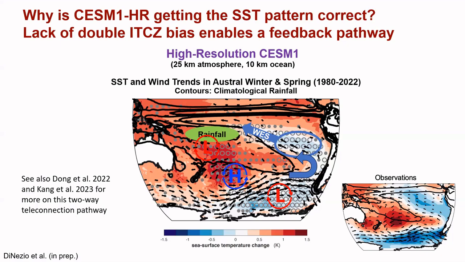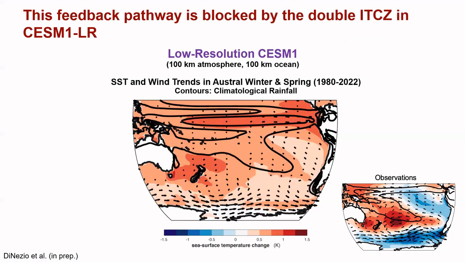So what does the ITCZ have to do with this? I showed it's not there in this model, but then this is showing what the low-resolution CSM looks like. And you can see this extra band of rainfall. Sorry, I can't point it out, but it kind of extends off the equator from South America into the South Pacific. And then when this initial relative warming minimum shows up due to the high evaporation there, it starts to propagate towards the tropics, but then it reaches this double ITCZ, which now is labeled there.